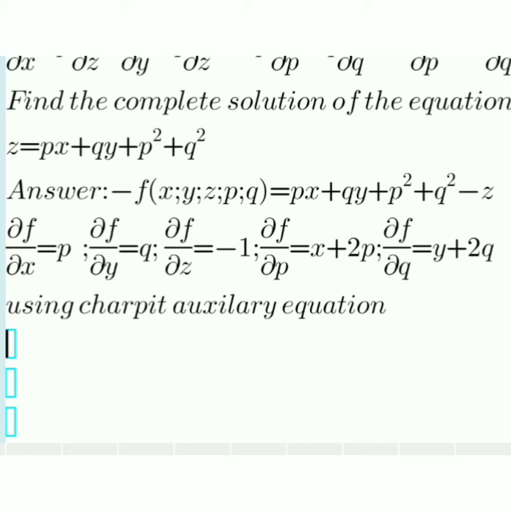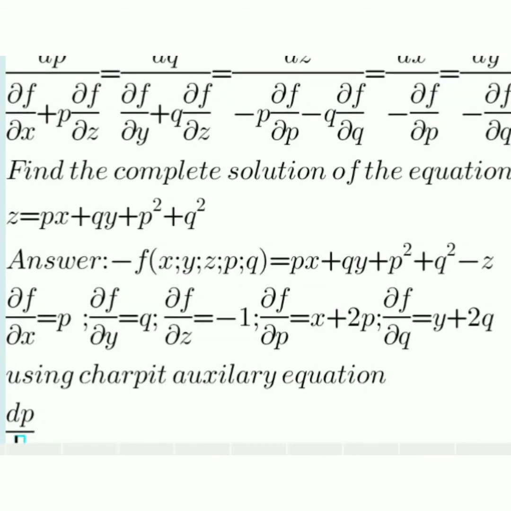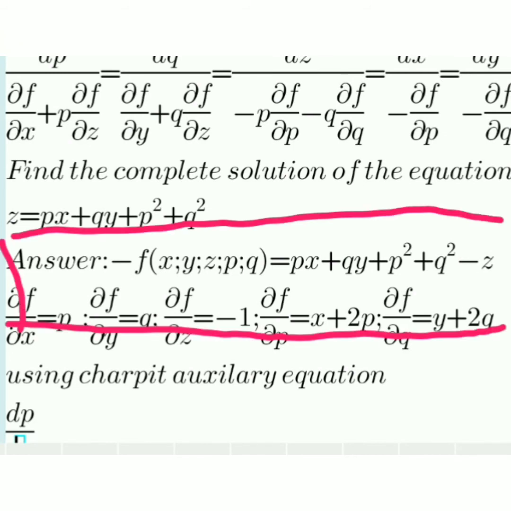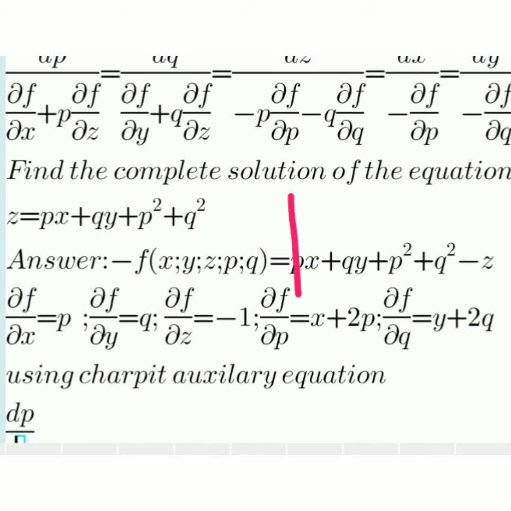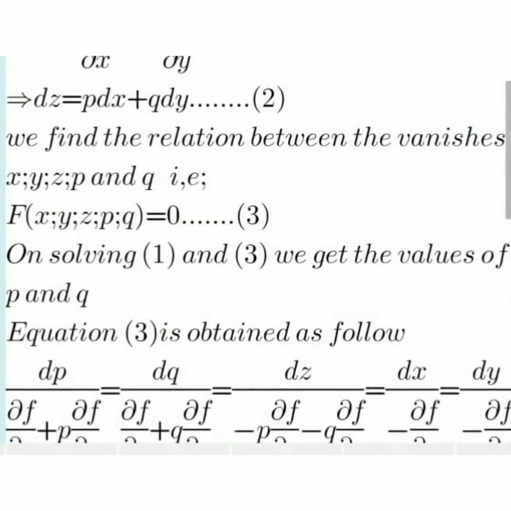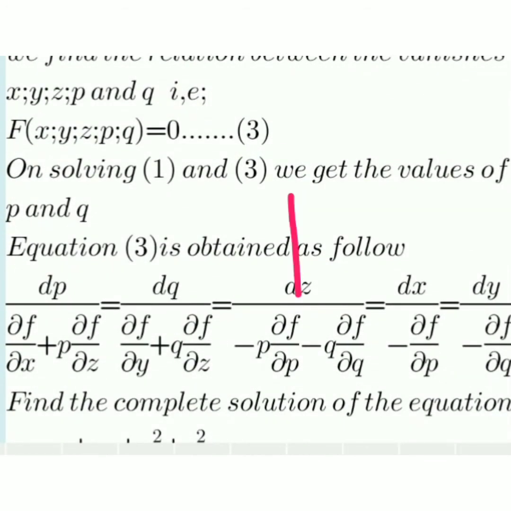At first, dp divided by del f by del x plus p into del f by del z is equal to dq divided by del f by del y plus q into del f by del z.